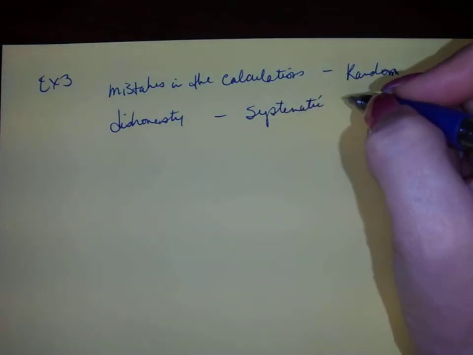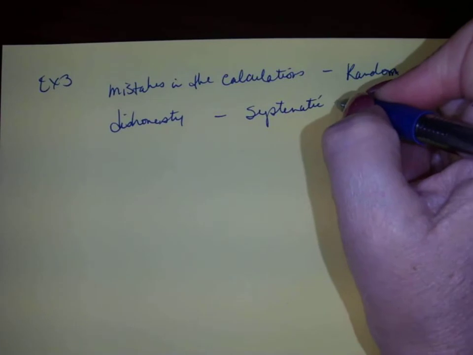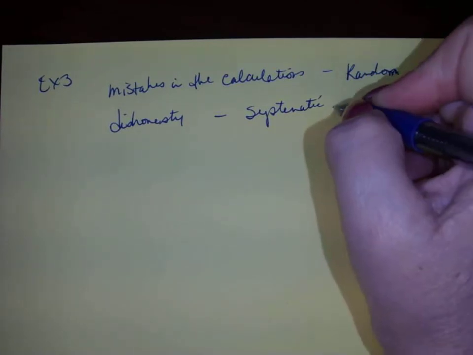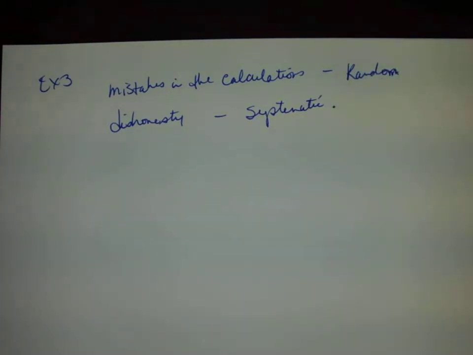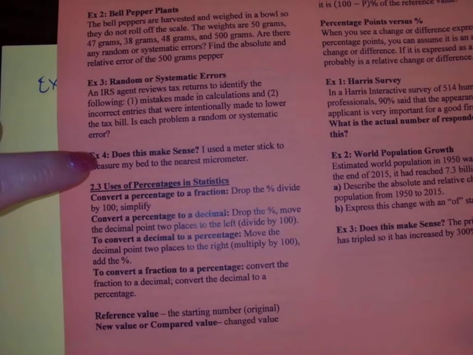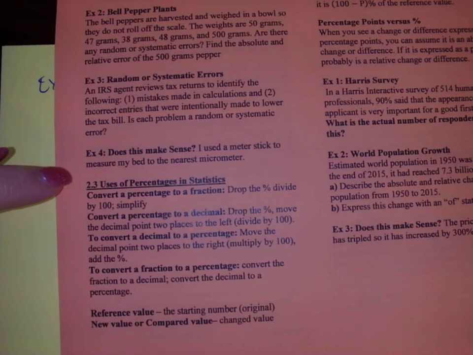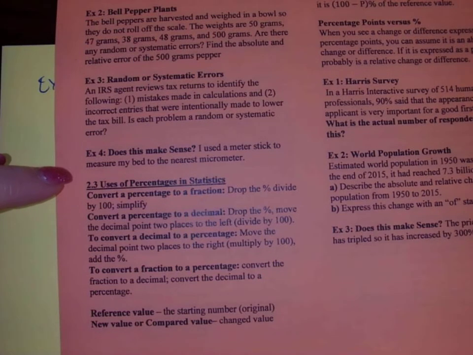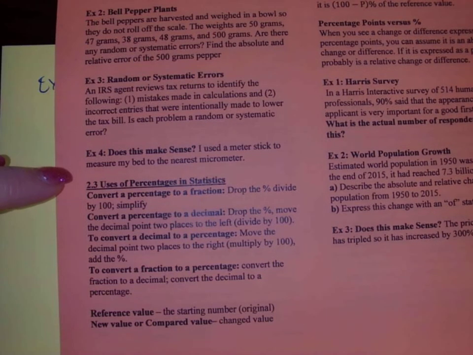That is something that you're doing that's causing the problem. And there may be more than one, so it's going to be systematic. All right. And then number 4, does this make sense? I used a meter stick to measure my bed to the nearest micrometer.